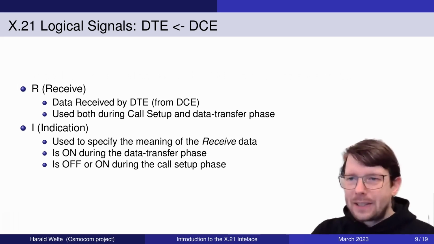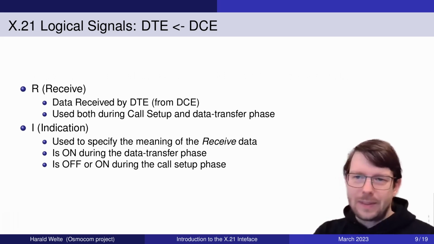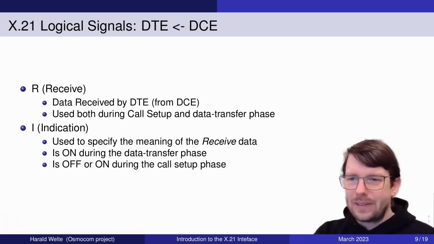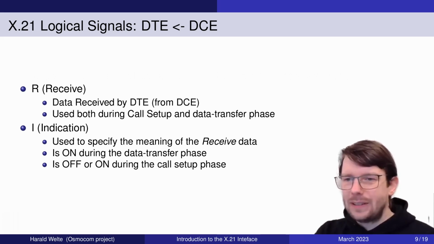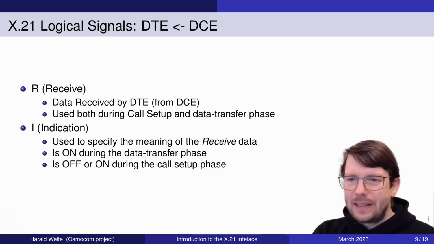In the other direction, from the DCE to the DTE, we have the receive signal, which is basically the opposite of the transmit signal. So it's a serial bit stream that we receive from the DCE into our DTE. Again, it is used both during call setup and the data transfer phase. And the indication signal I is basically the opposite of the control signal, which we just had on the previous slide.